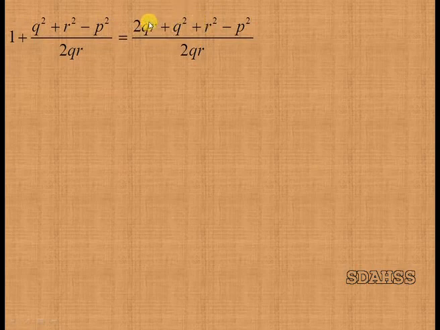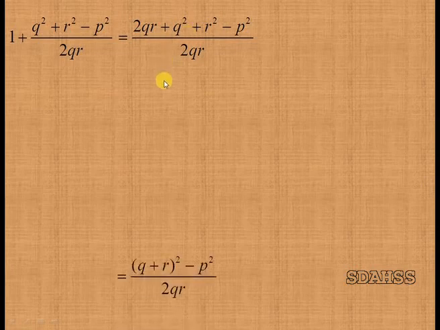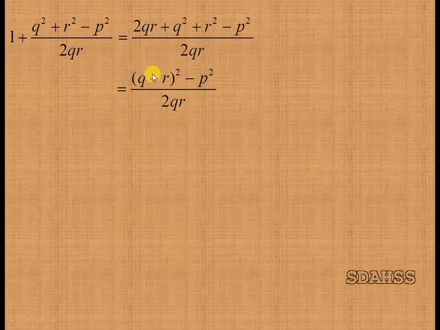Consider the first three terms. They are in the form of a square plus b square plus 2ab. So this can be written as q plus r whole square, minus p square, divided by 2qr.